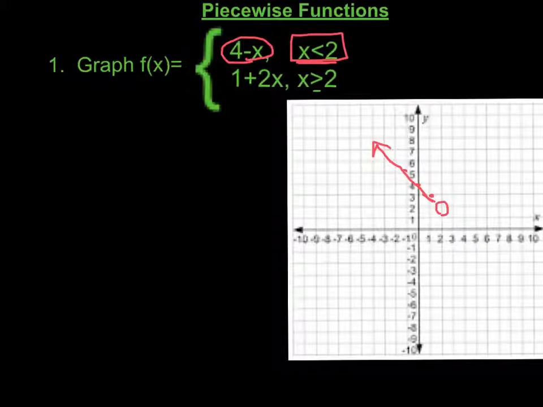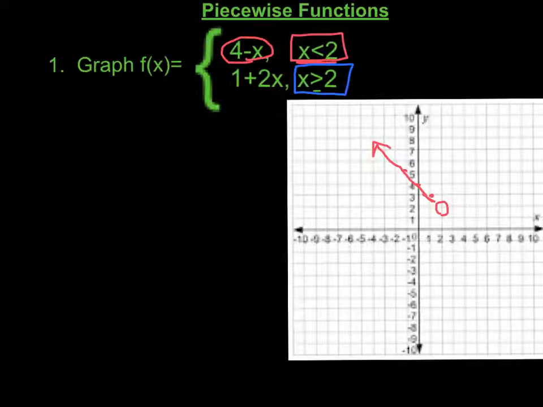All right, now next what we're going to do is graph the line 1 plus 2x. Now, I know that the line hits the y-axis at 1 because the y-intercept is 1. I know the slope is 2. However, we have to be very careful here because we have to look at that domain, and we notice that the domain is for when x is greater than or equal to 2.